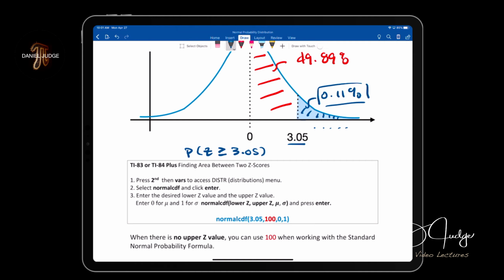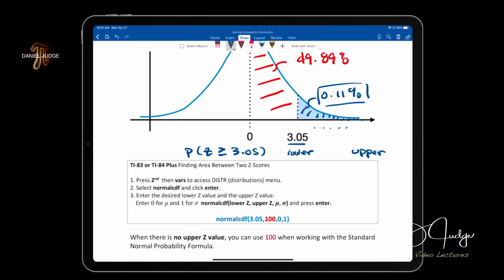Going to the right forever means what? To infinity and beyond. So the lower bound value is this, and the upper bound value is again infinity and beyond, because this tail goes on forever. It never ends.